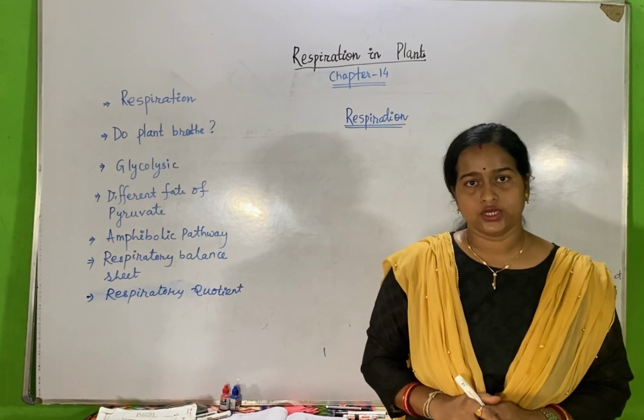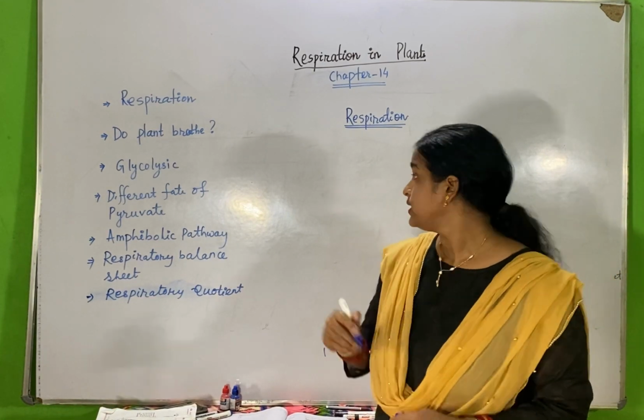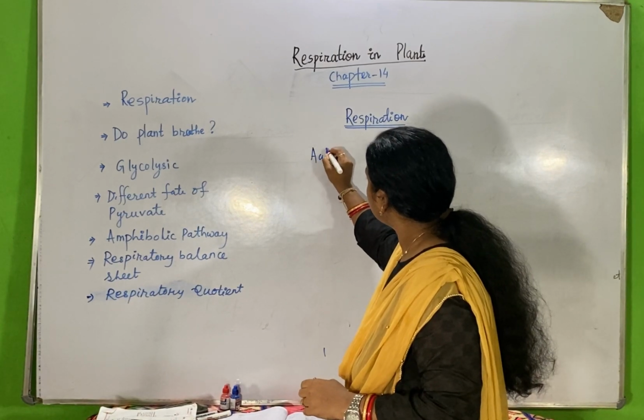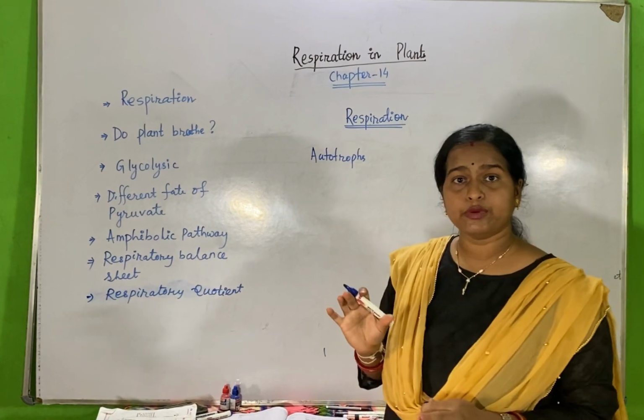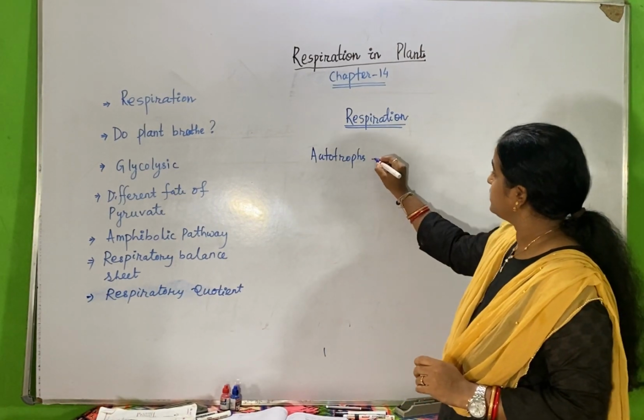And the autotrophs, that means your green plants, can prepare their own food. What is the name of the process? Photosynthesis.